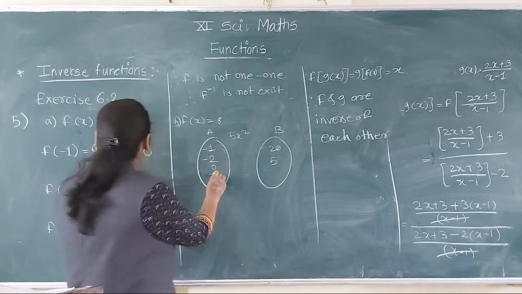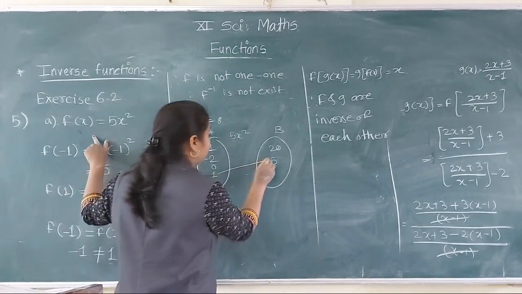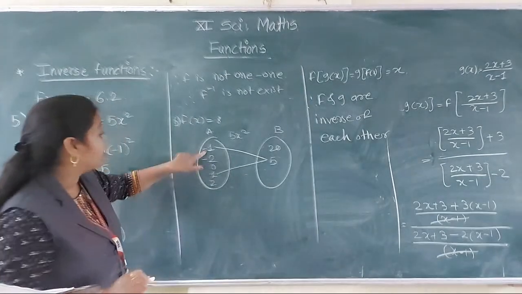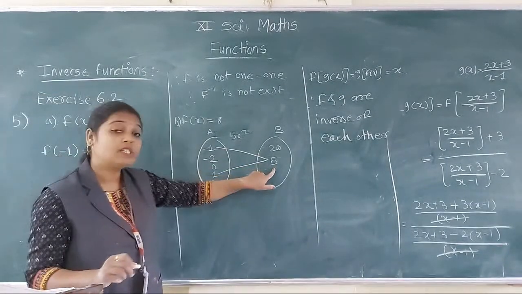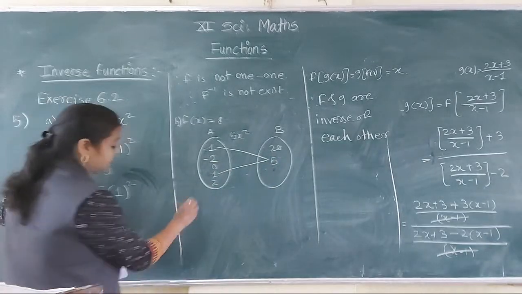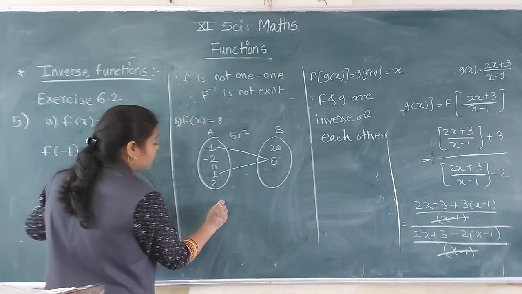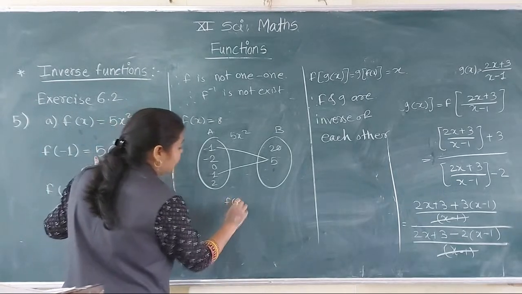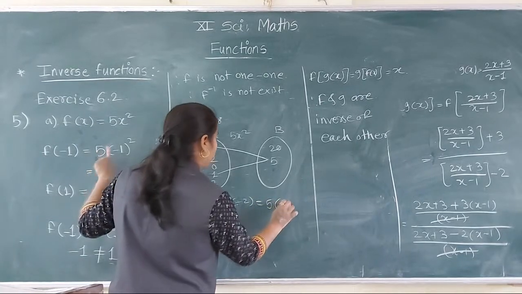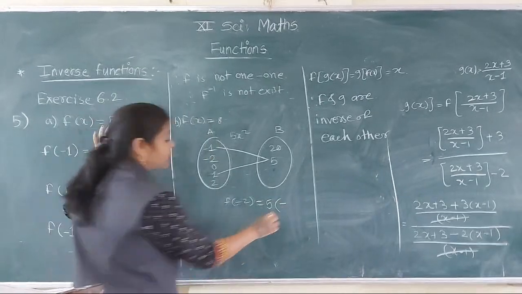So 1 and -1, what is their value? 5. If I consider x is equal to 1 or x is equal to -1, its value is 5. And if I consider x is -2, then f of -2 is 5 into -2 square.